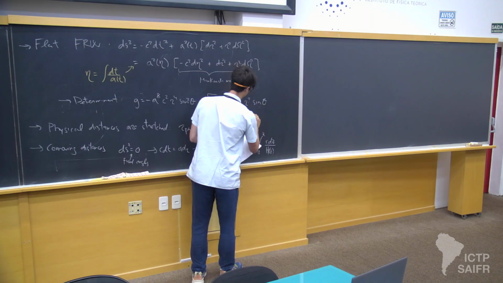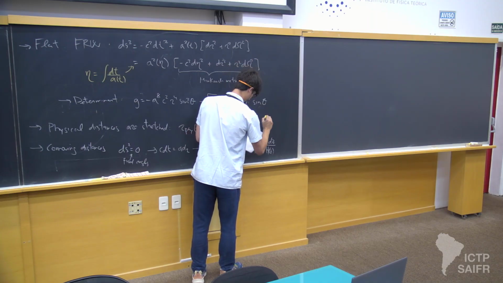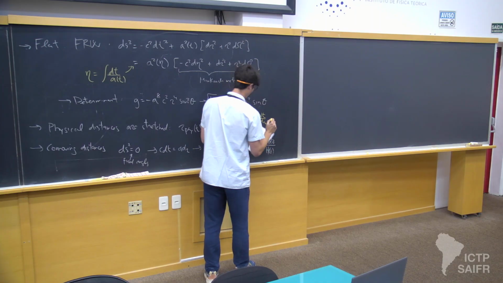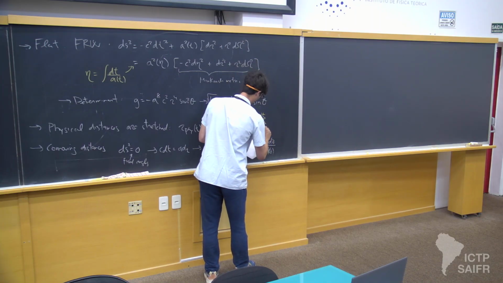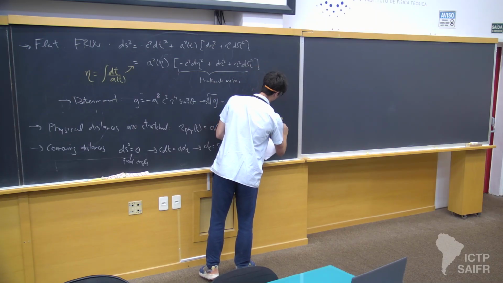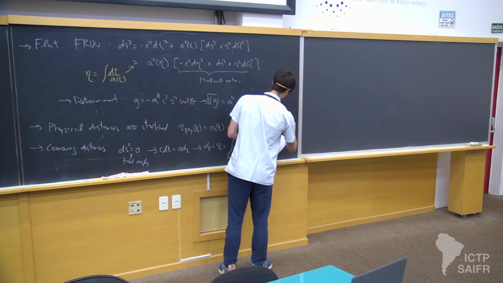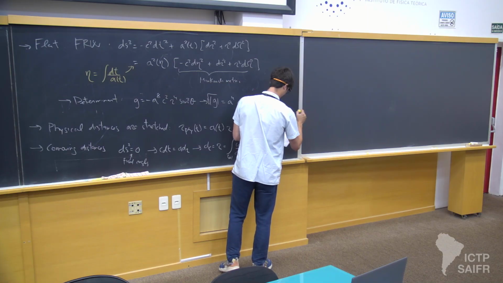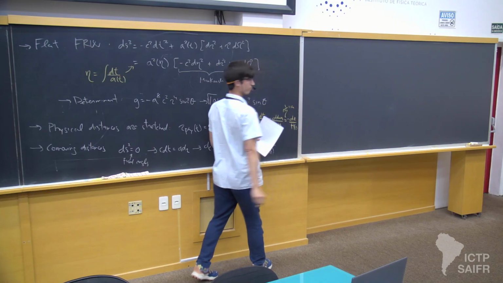You say that this is da over a, dt over da, and then this is 1 over a h, and then this is d logarithm of a over h, and then you can change this back to minus dz over h. Is this clear?